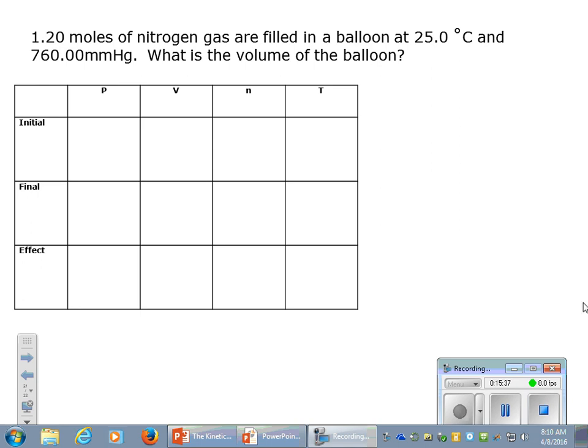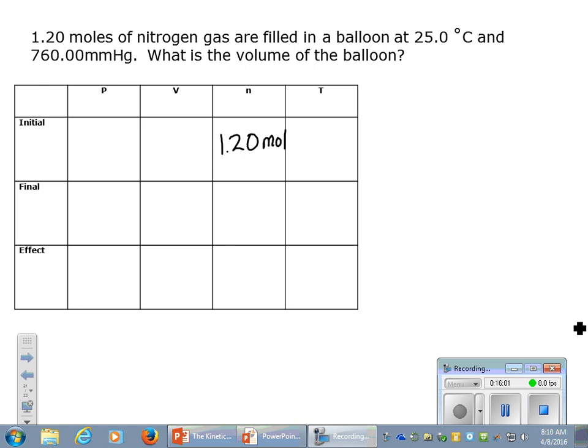Okay, so here's a problem where there are no repeating conditions. All we're given is the amount of the gas expressed in moles, 1.20 moles. Please remember that that might be given to you in grams, and you know how to get grams from moles. You know how to get moles from grams if you know the substance.